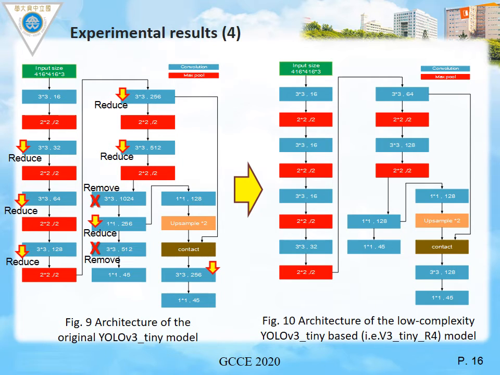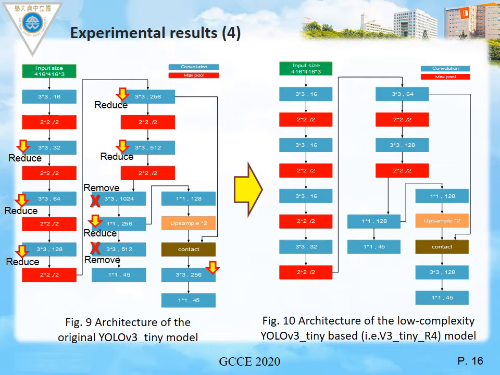In this slide, Figure 9 illustrates the original architecture of the YOLOv3 Tiny model, and Figure 10 shows the architecture of the low complexity YOLOv3 Tiny based model, which is called the V3 Tiny R4 model.